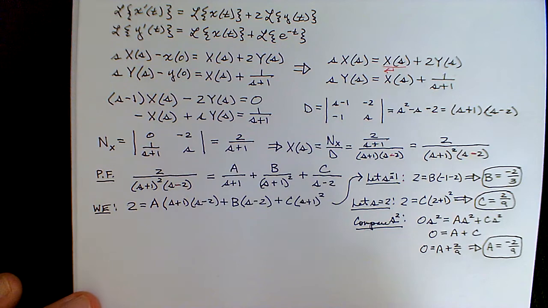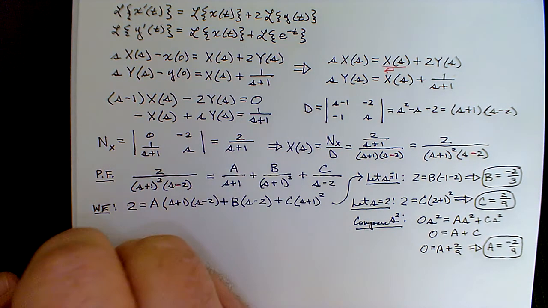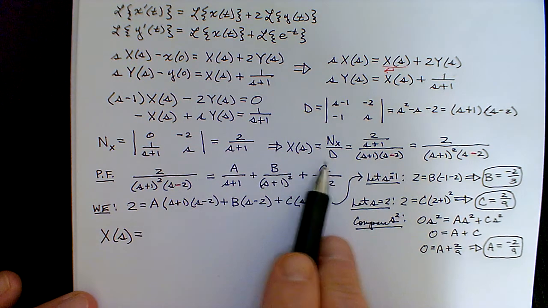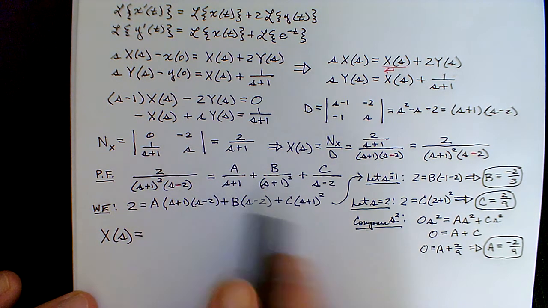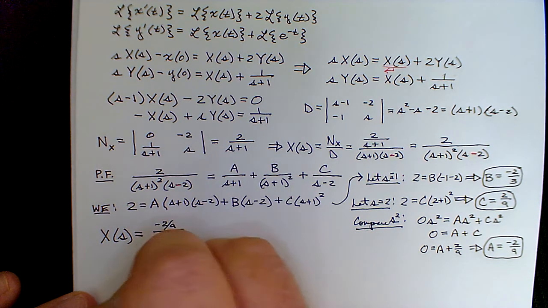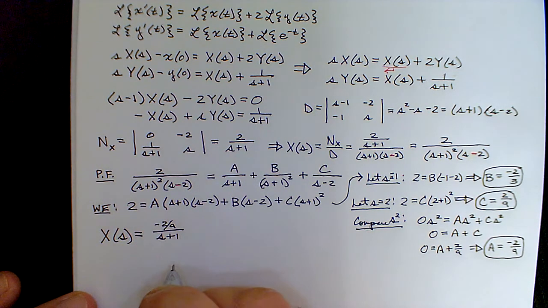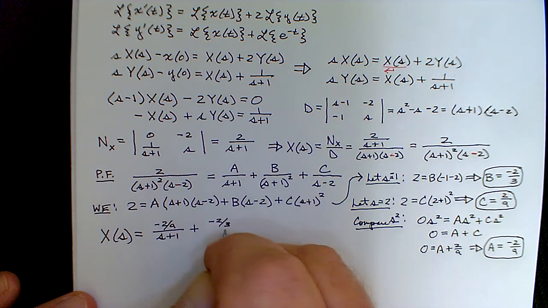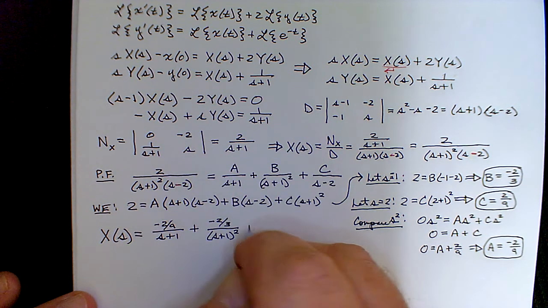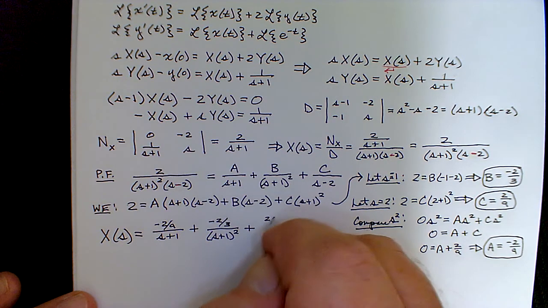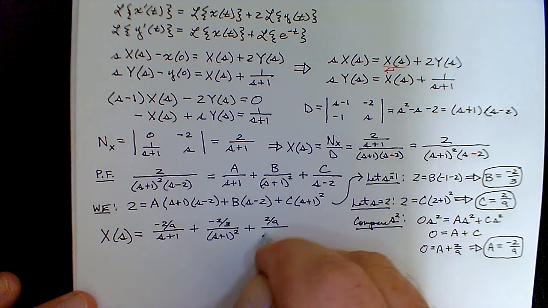Okay, so now the solution for X of s is, into the partial fraction decomposition that we had right here: A over s plus 1, so minus 2/9 over s plus 1, and then plus B, which was minus 2/3, over s plus 1 quantity squared, and then plus C, which was 2/9, over s minus 2.